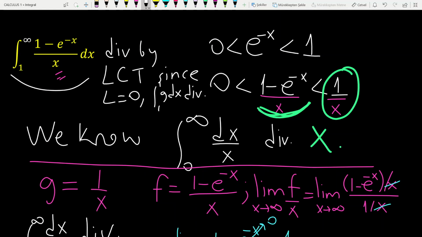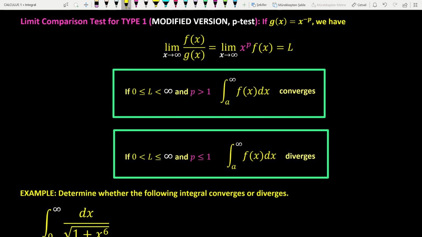This is all. We have a second type of limit comparison test for type 1 improper integrals. This is also called p-test. Okay, and we actually take x to the power minus p for g function. Then limit f over g becomes limit of x to the power p times f when x tends to infinity.